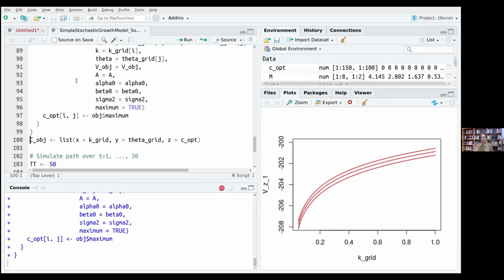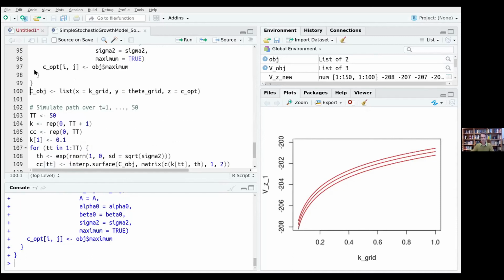Remember the golden section search algorithm. And for each of the values which are used for the optimization, we have to compute the expectation. So it's again quite a lot of effort, but compared to the value function iteration, it's almost nothing, because after one run, we already have the result.